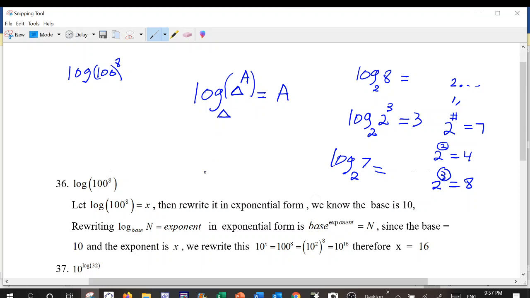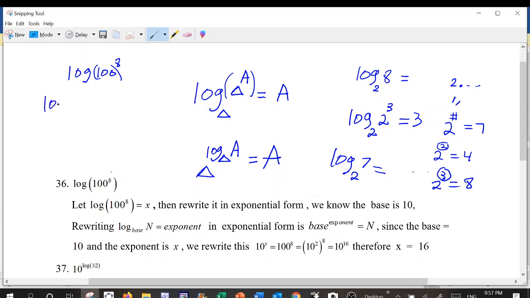The same is true for exponentiation. If we have some base here, and then we raise it to log base, the same base, of a, the answer would be a. Why? Because this is exponentiation and this is logarithm, they cancel each other, right?